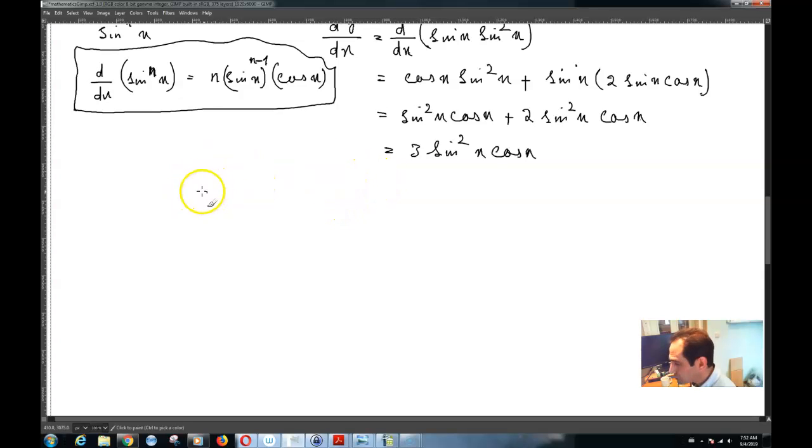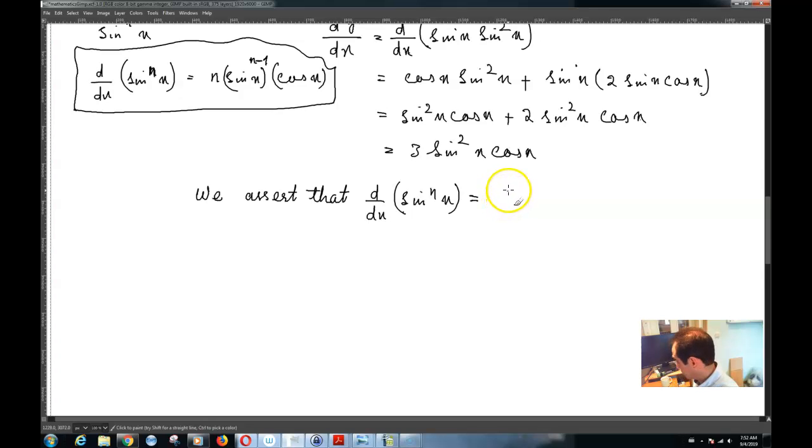So it says that we assert that d by dx of sine raised to the power n of x is going to be equal to n times sine raised to the power n minus 1 of x times cos x. Okay, that's what I have written over here.